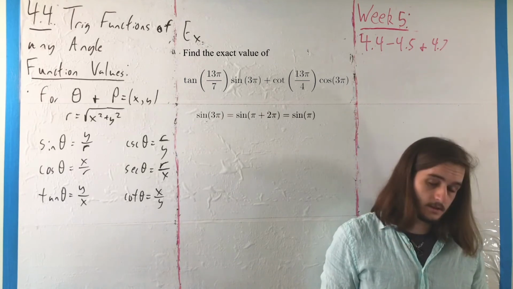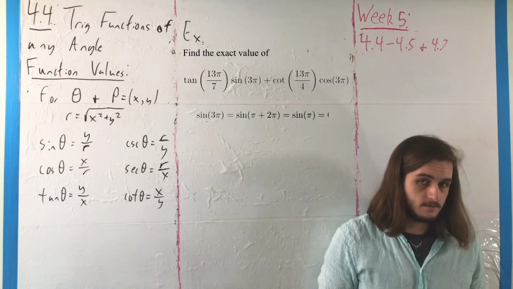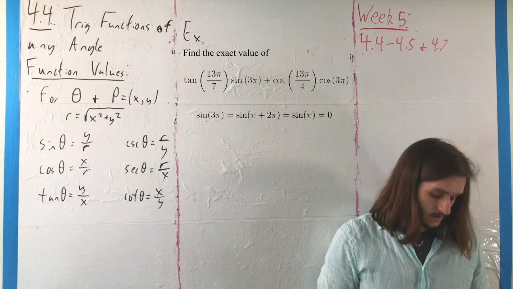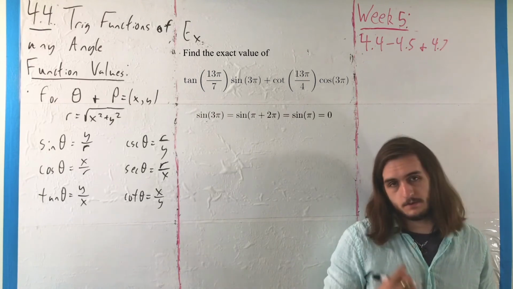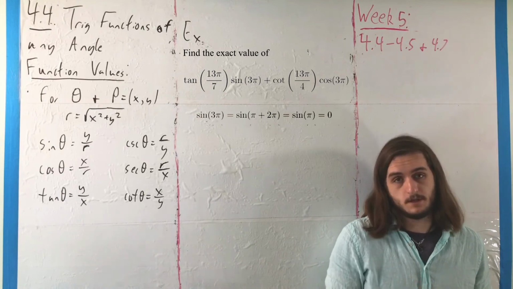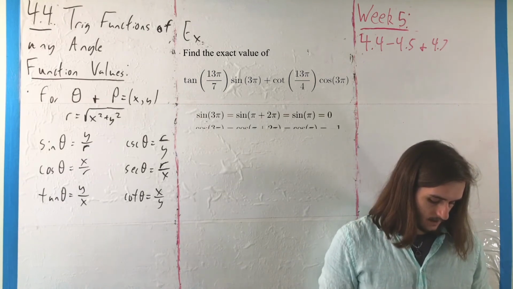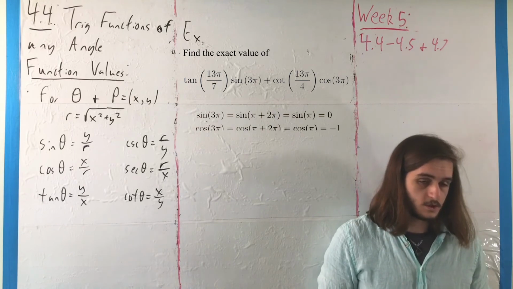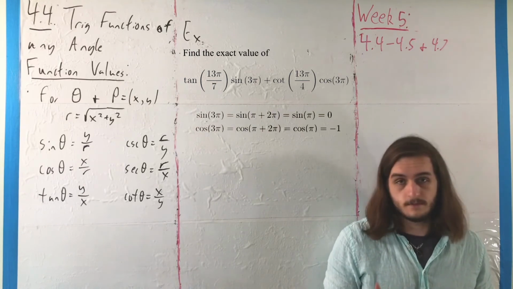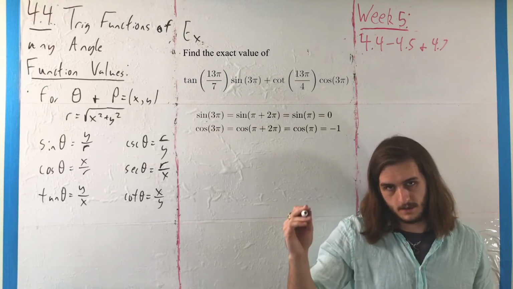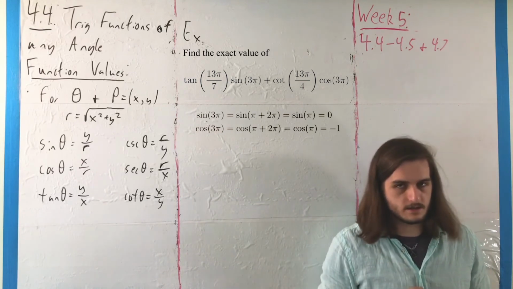And as a result, that's just sine of pi, which is 0. Similarly, for cosine of 3 pi, we can write that as cosine of pi plus 2 pi. Period of cosine is also 2 pi. And accordingly, we get that that's just cosine of pi, or negative 1, because it comes around to the other side on that axis. Negative side, x value, negative 1.